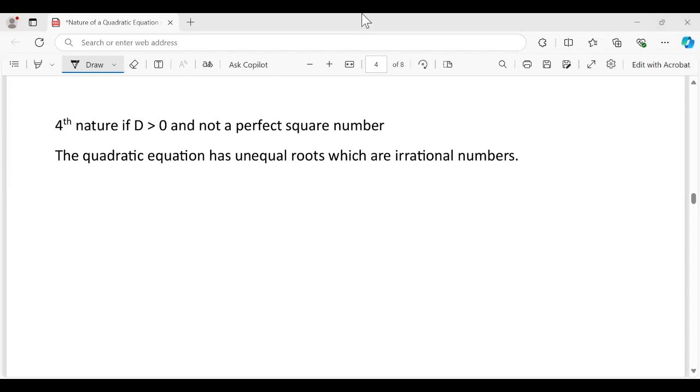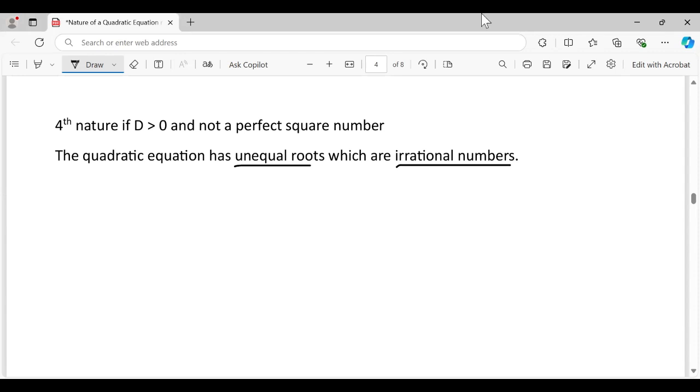The last nature, the fourth nature, is if discriminant greater than 0 and the value of discriminant is not a perfect square number. If the nature of discriminant is like this, we can state that the quadratic equation has unequal roots which are irrational numbers.